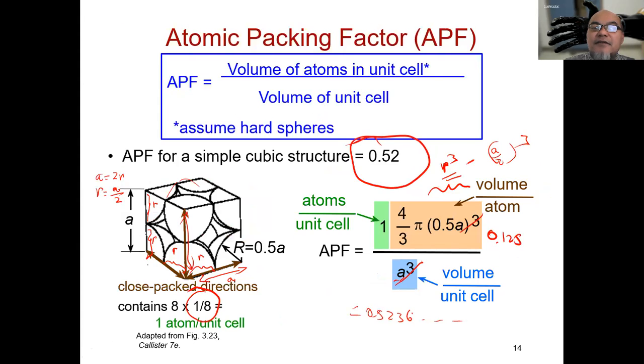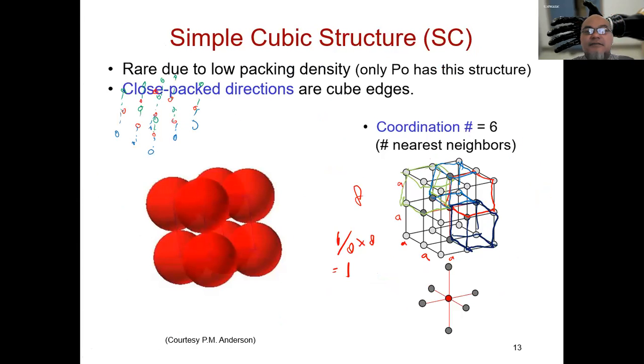So let's see here in the simple cubic structure. Each of these atoms is surrounded by how many atoms? 1, 2, 3, 4, 5, 6. 4 on its same plane, 1 above it, and another one beneath it. Okay, this is simple cubic. The coordination number is 6.